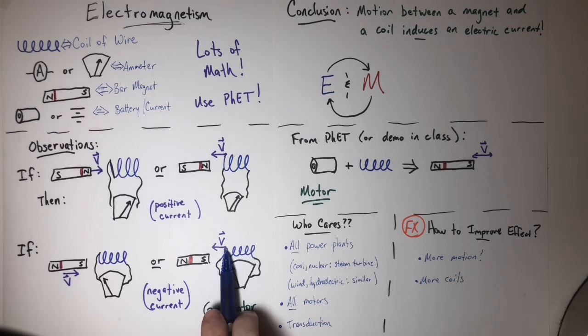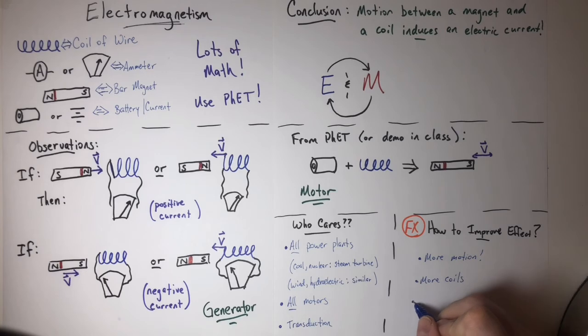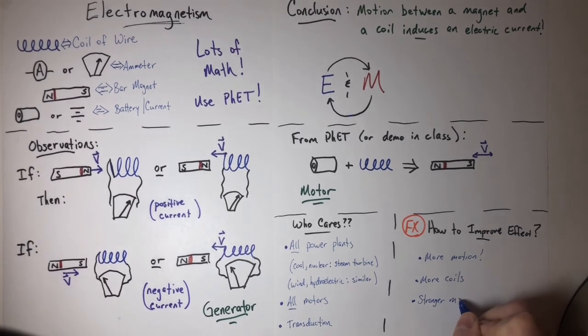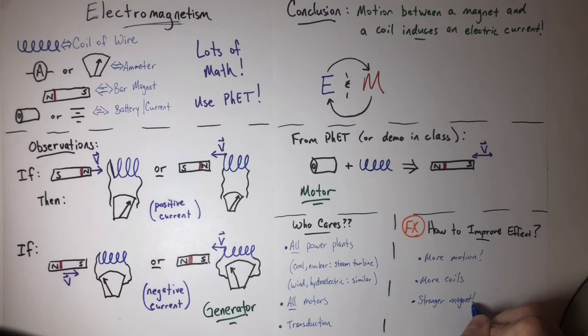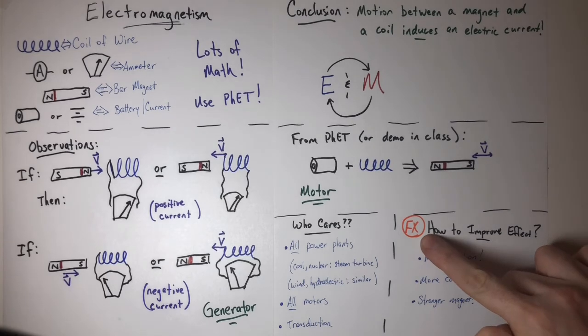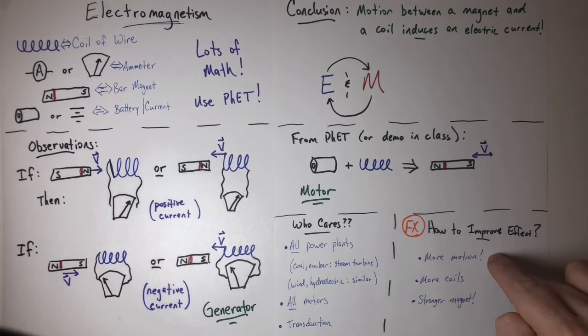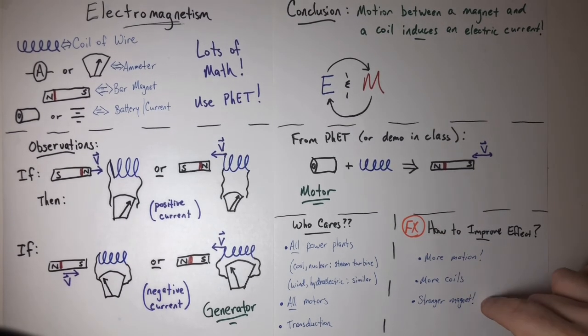Every time you get an extra turn of wire in your solenoid inside your coil, you amplify the effect. And finally, of course, a stronger magnet. On the final exam, you'll see a problem that involves asking you how to make an electromagnetic induction effect stronger: either faster motion, more coils, or a stronger magnet. I forget which one the question asks.